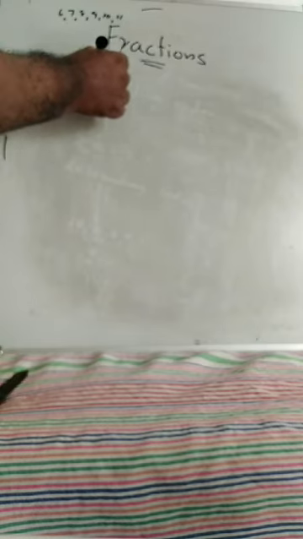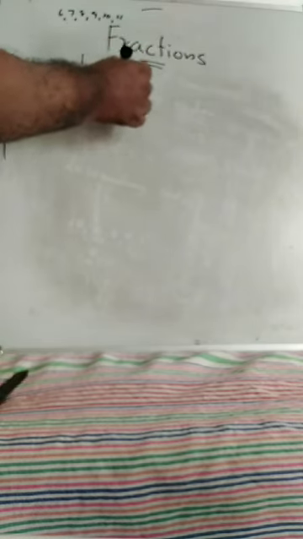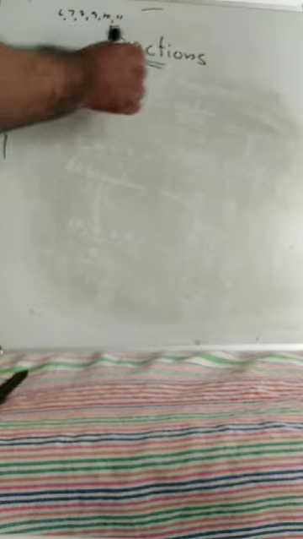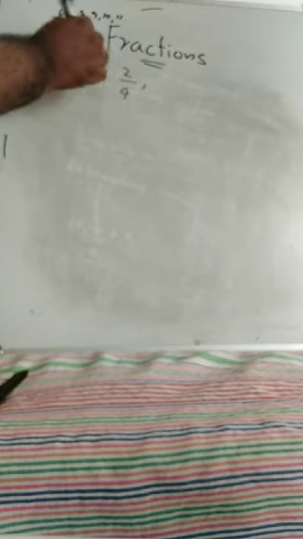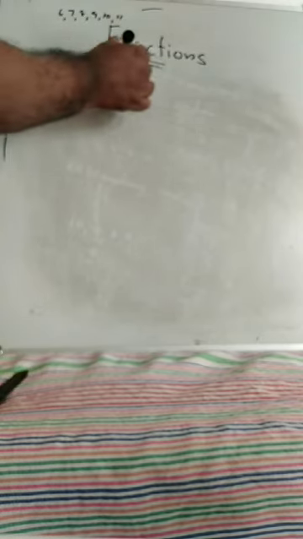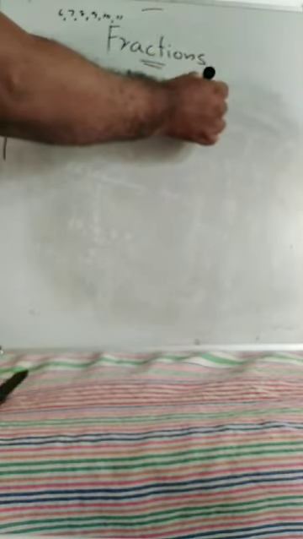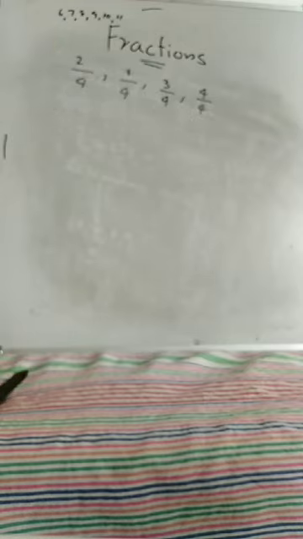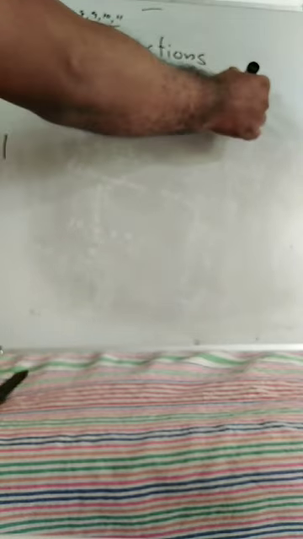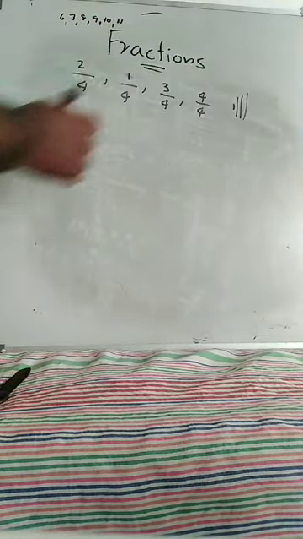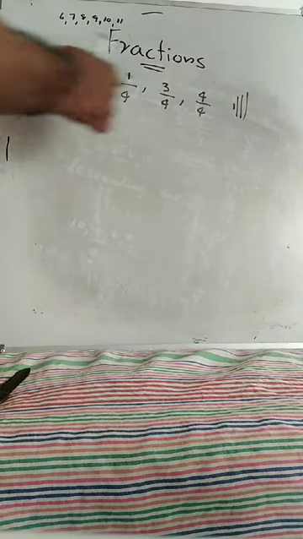Sometimes you have to solve, right, 2 upon 4, 1 upon 4, 3 upon 4, 4 upon 4. Here, write this in ascending order. Here, there are 4 fractions, no?